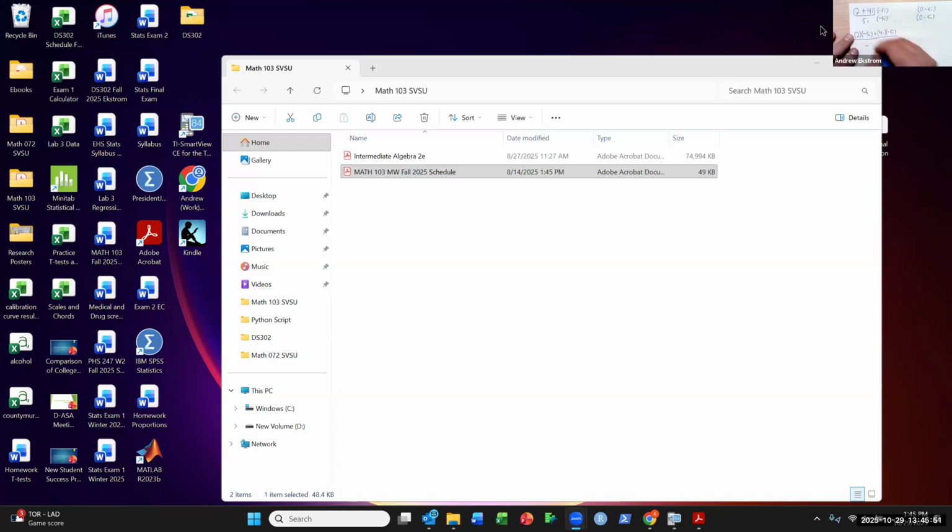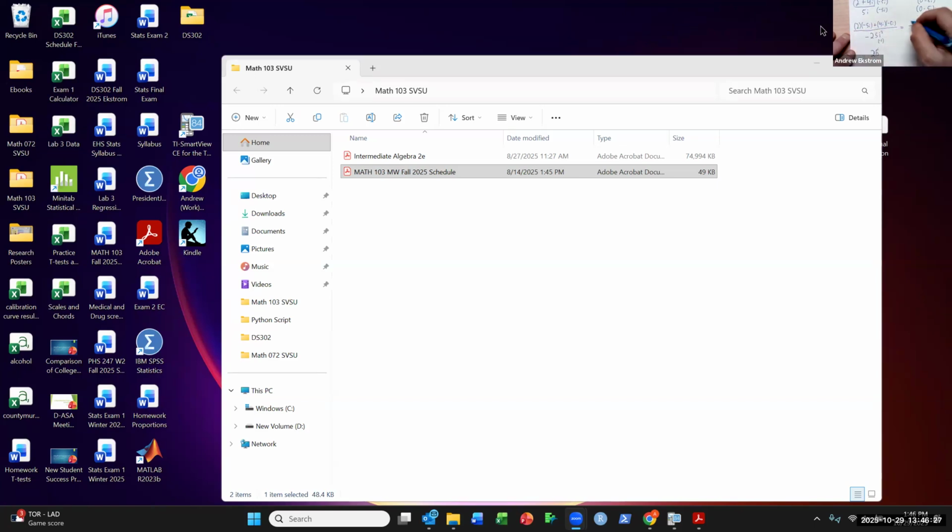Positive times negative, negative. 5 times 5 is 25, i times i is i squared. We already know that i squared is negative 1, so negative times a negative gives us a positive. So the denominator here is going to be 25.